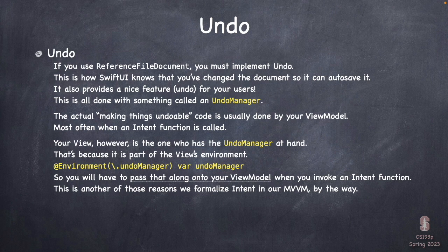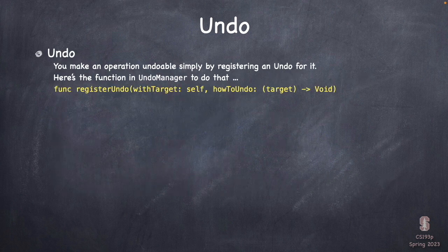I slightly prefer the other way, but I have definitely seen it done the first way, and the code's a little cleaner the first way, because in the second way, now all my calls to my intent functions, I have to add this extra argument. You'll see this in the demo, and you can kind of make your own decision which way you want to go.